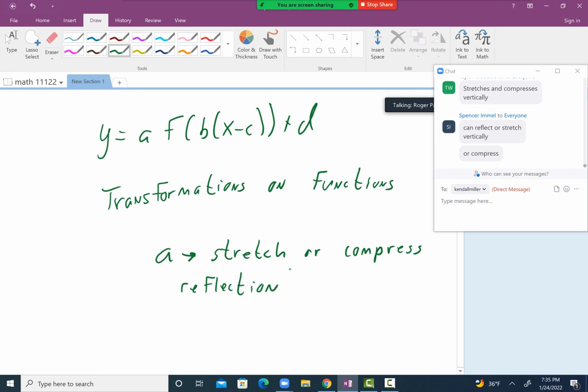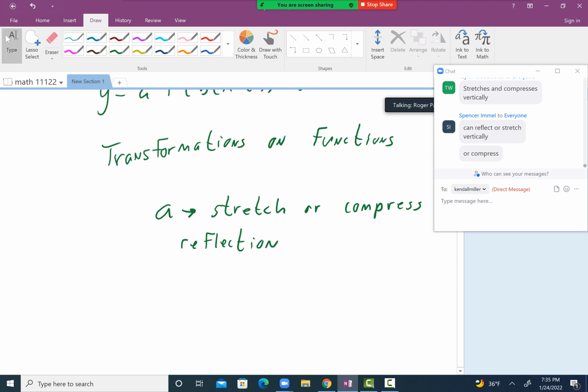Now let's get a little bit more detailed. Let's say A is becoming larger, from 1 to 100. What does that do to the graph? Is it stretching it, compressing it?